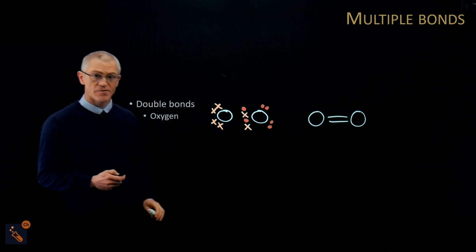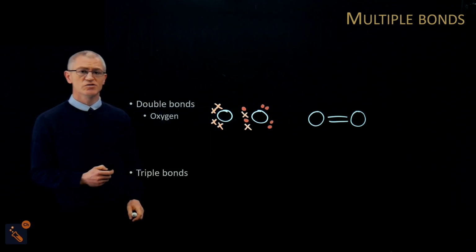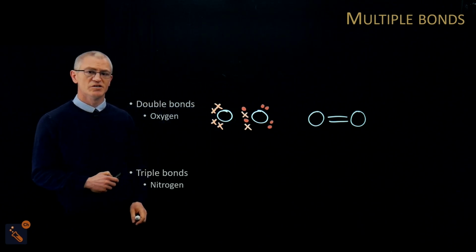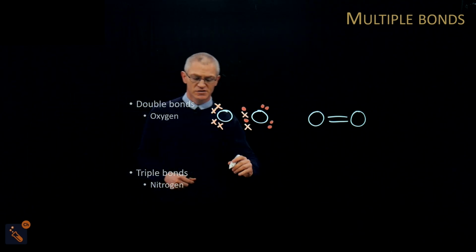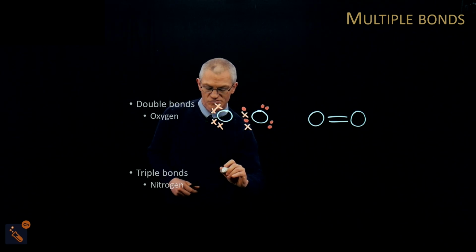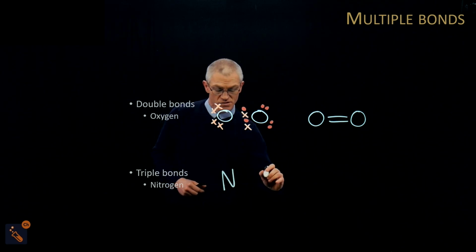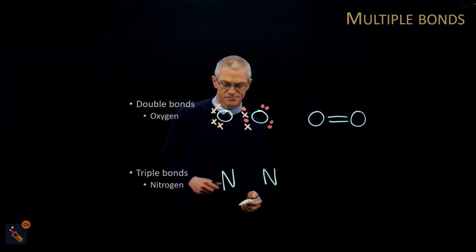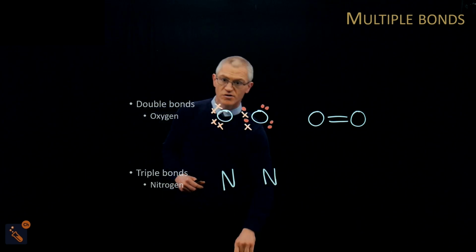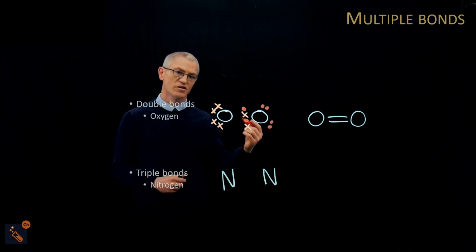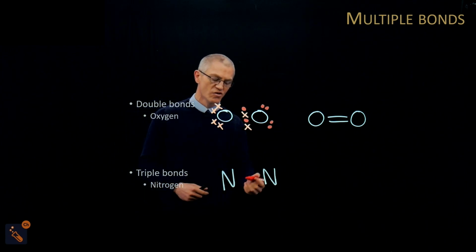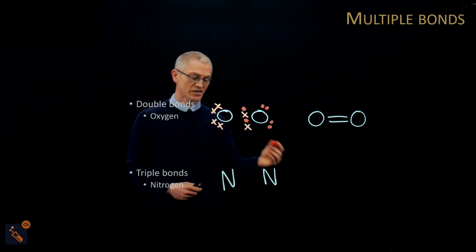Now, if we go on to a triple bond, the most common is nitrogen. There are others, but the most common is nitrogen. So if I put my nitrogen, which is N2, there's my Ns. If you remember from my previous diagram, I had 5 electrons in the outer shell, and 3 of those electrons were unpaired in nitrogen.